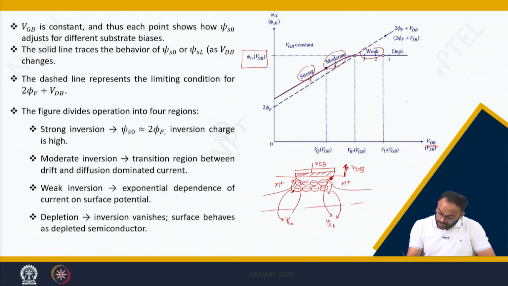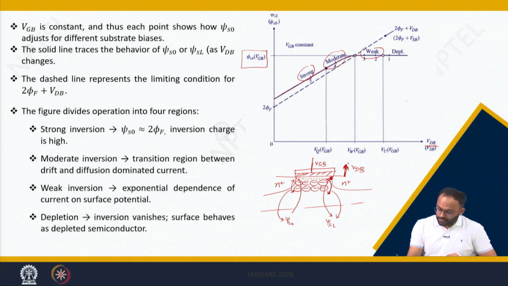Now, when you increase VGB, ultimately the inversion charge carriers come in, and we know across the inversion charge the drop is considered to be small, such that all the potential is dropped across the depletion region. Now, let us assume that you are in inversion and now you are increasing VDB.